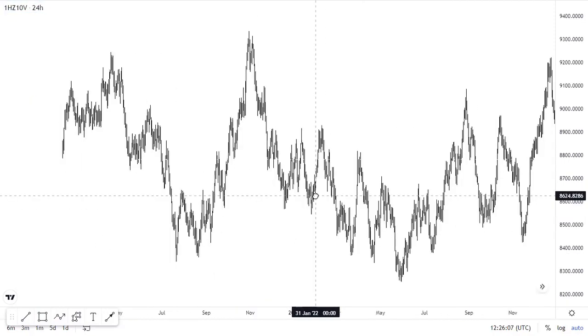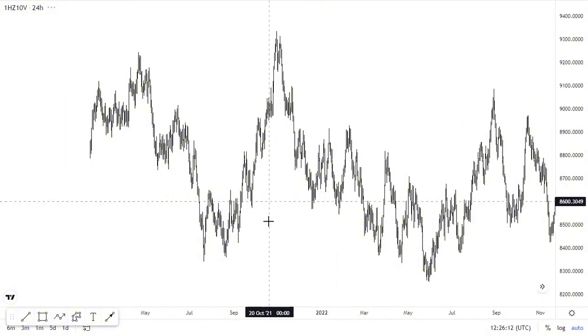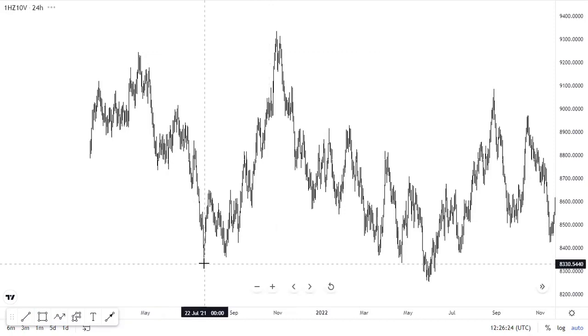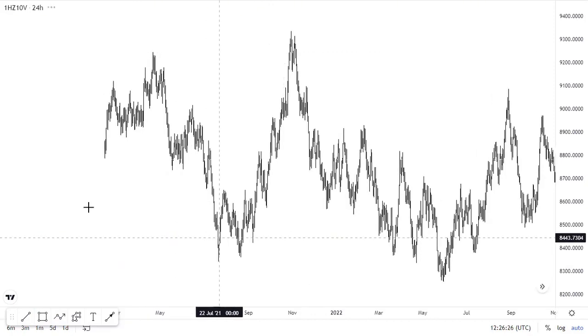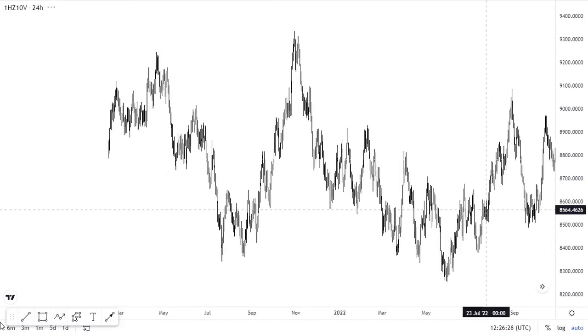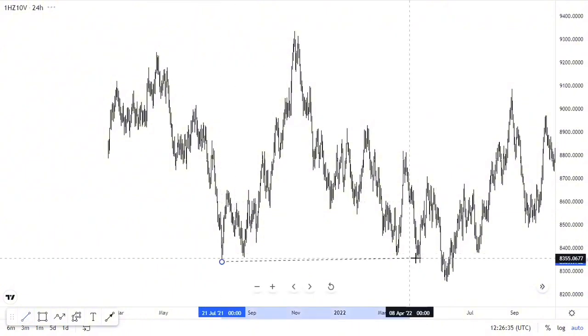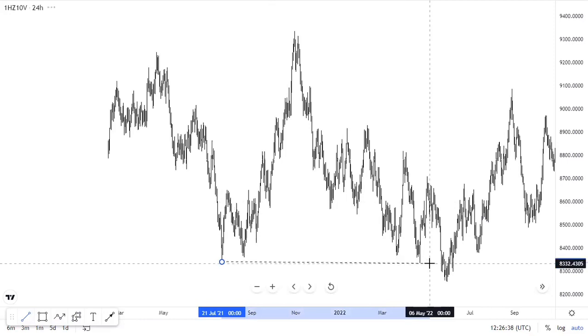I'm unable to get my weekly time frame on TradingView, so I'll just look at what the market is doing on this 24 hours time frame and use it to judge what the market would be doing on the weekly time frame. We had a break of structure to the upside here, then we came back and broke structure to the downside. If I had seen what is on this left hand side, I would have just continued. Nevertheless, on the weekly time frame, we had our last break of structure to the downside.